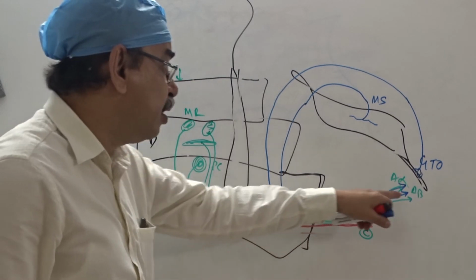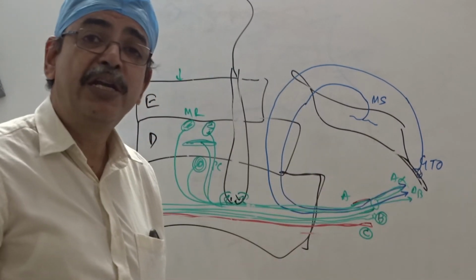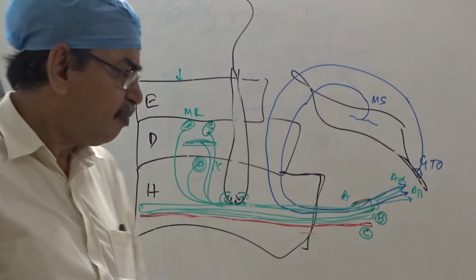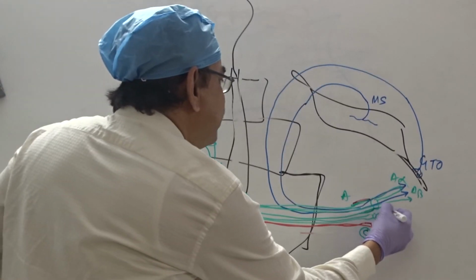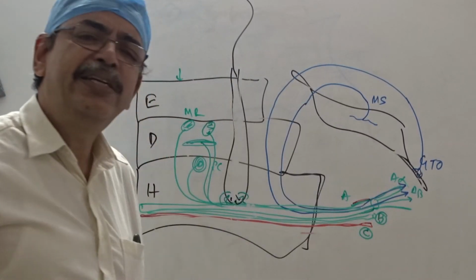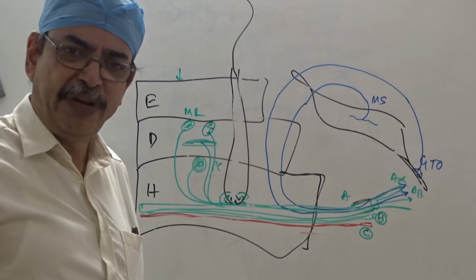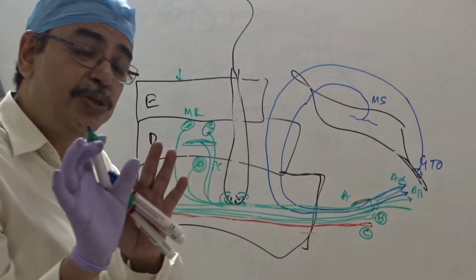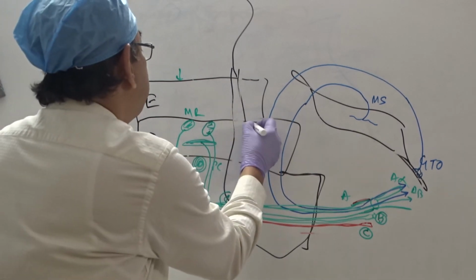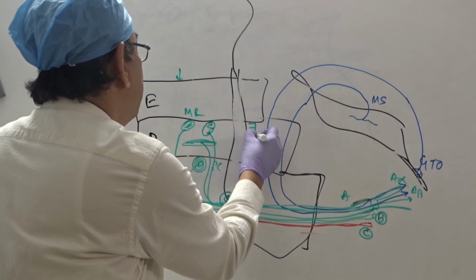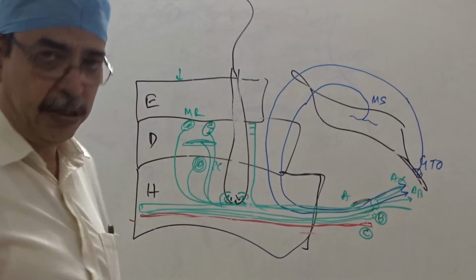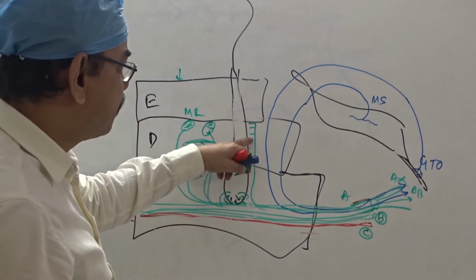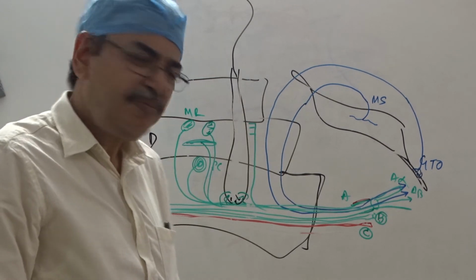But we should also discuss a little bit of A delta. A delta is also myelinated, thinly myelinated A fibers. This A delta actually carries two types of information. There are special types of free nerve endings of the A delta. These nerve endings are polymodal.